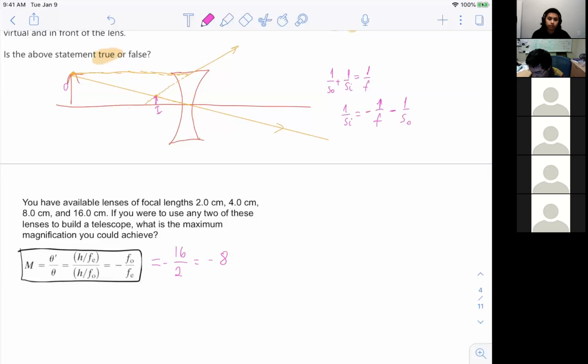Here it's asking for the absolute value, so that's why I ignore the minus. To reach the maximum, I can delete this.